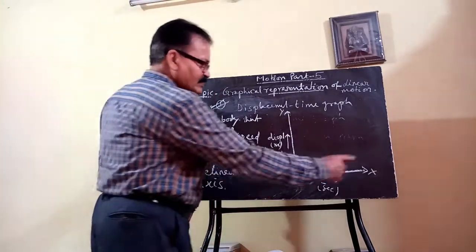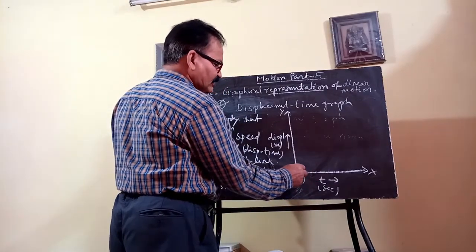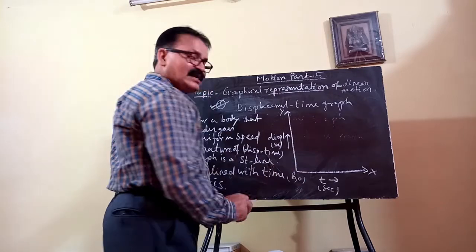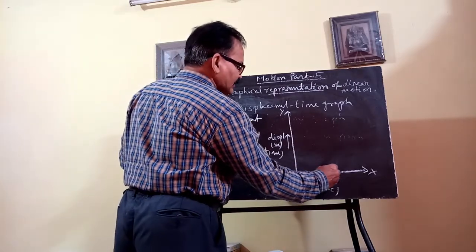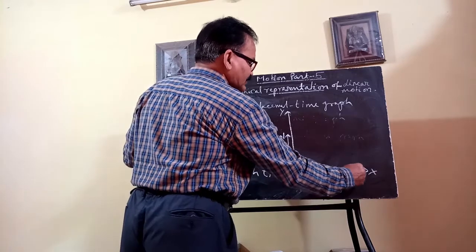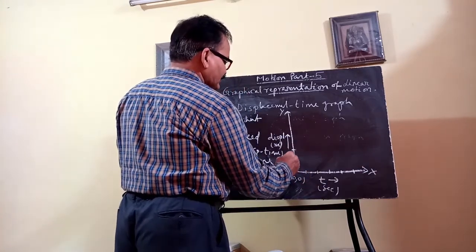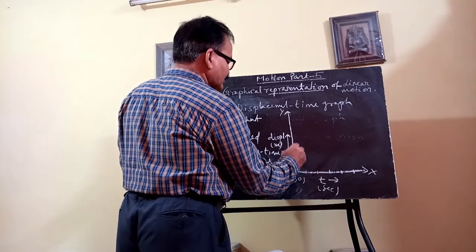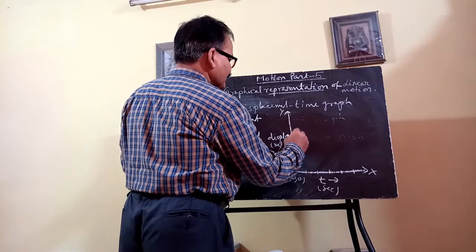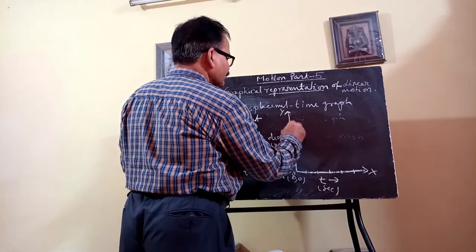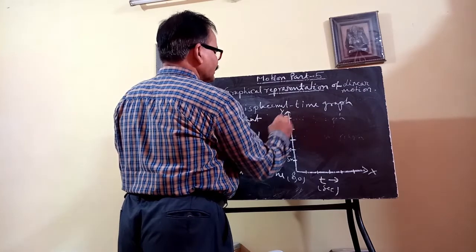Suppose at the origin, time is 0 and displacement is also 0. After 1 second, 2 seconds, 3 seconds, 4 seconds, 5 seconds, suppose the displacement is 5 meter, 10 meter, 15 meter, 20 meter and 25 meter.